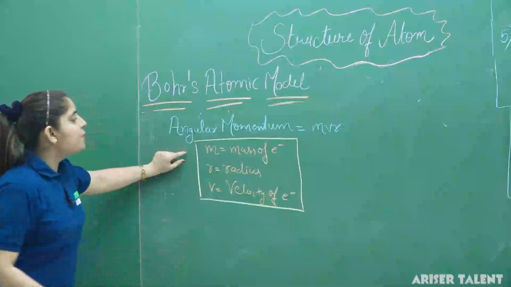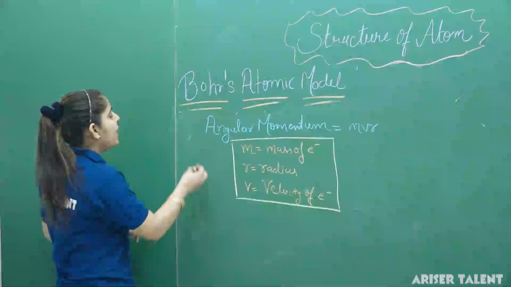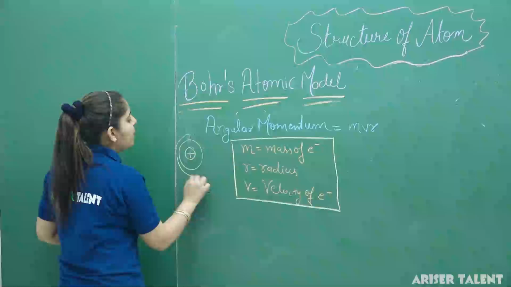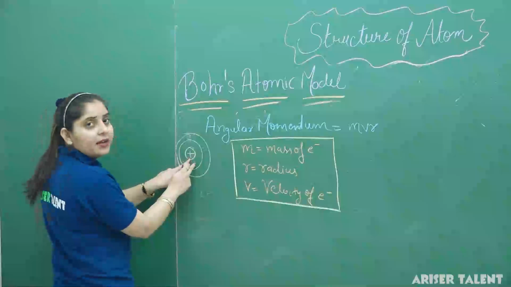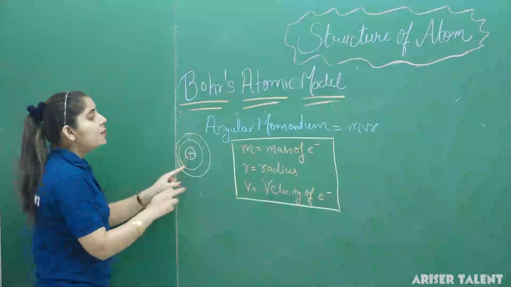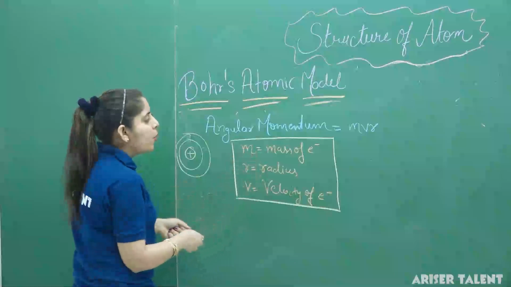So, here is the formula for angular momentum. If I consider a positive charge nucleus here and electrons revolving in different orbits, then the angular momentum of that electron will be an integral multiple of h upon 2 pi.